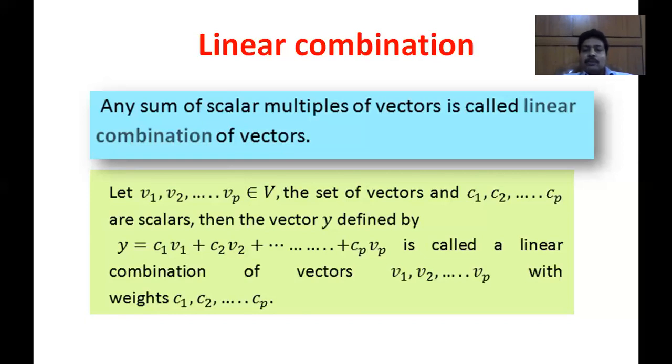So usually we take real numbers as scalars. Then the vector y defined by c1 v1 plus c2 v2 and so on plus cp vp is called a linear combination of vectors v1, v2, and so on vp with the weights c1, c2, and so on cp. So any possible vector with the combination of these vectors is a linear combination.